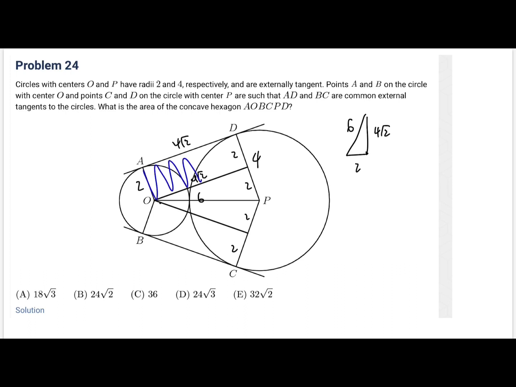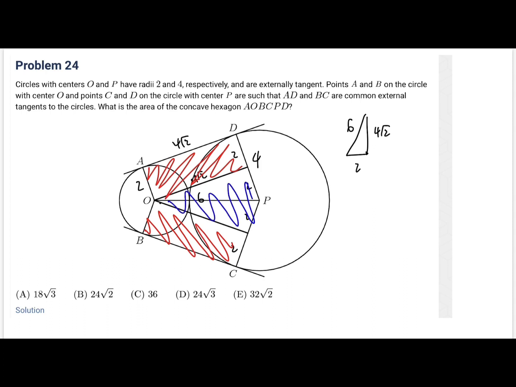And since this is double the area of this, we have three of these rectangles in AOBCPD. And it's because there's this one right here, and there's this one right here, and then these two combine to form another of the same area.